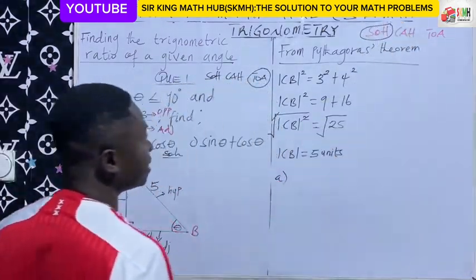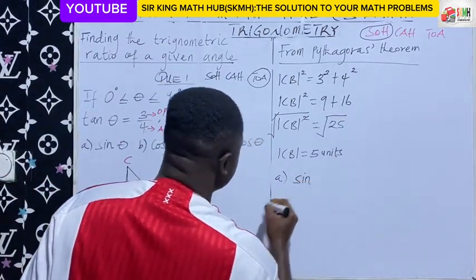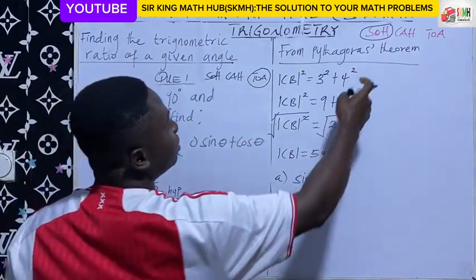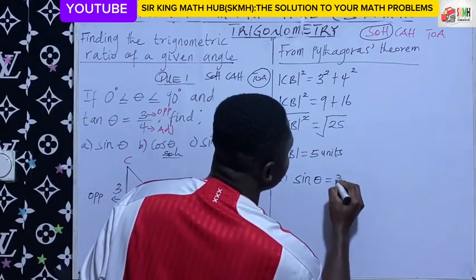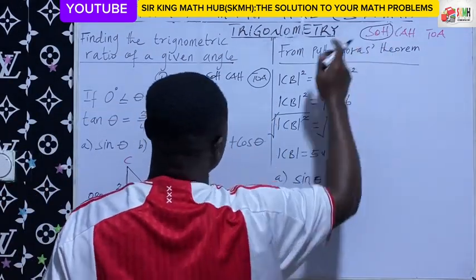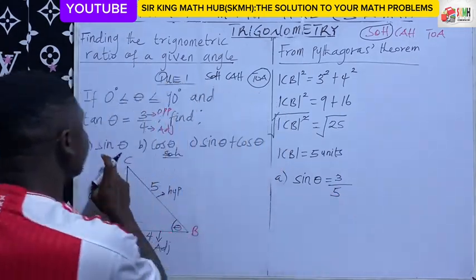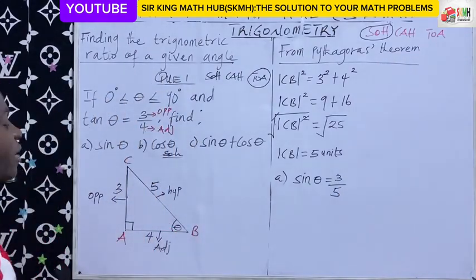And then SOH says that the sine of the acute angle here, the acute angle is theta, is equal to the length of the opposite. So here the length of the opposite is 3 divided by the length of the hypotenuse. And what is the length of the hypotenuse? 5. So we are done with the A part. Sine theta is equal to 3 on 5.